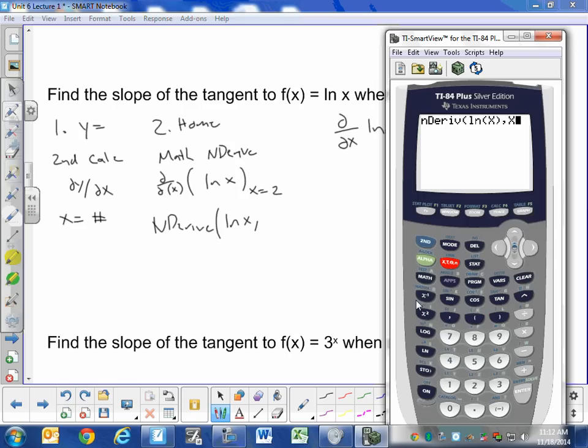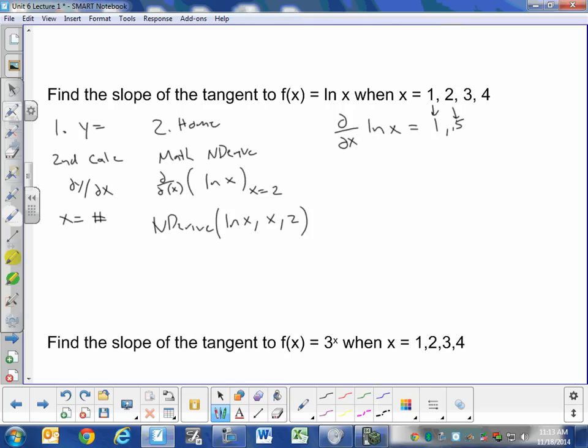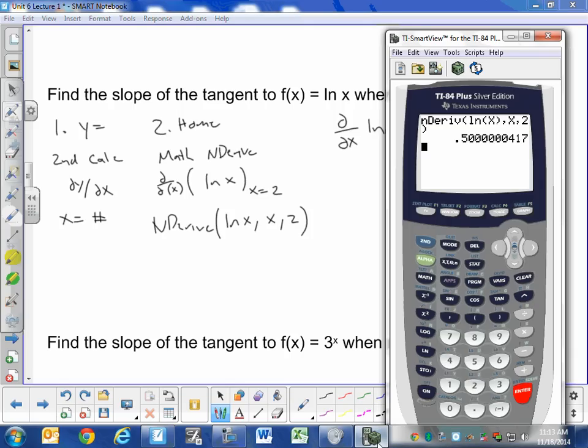So let's take the derivative of log x with respect to x, and then you have to press comma one more time and tell it the value that you want to take the derivative at, or the approximation. So if I want to check at 2 again, I do nDeriv log x with respect to x at x equals 2 to get that value. Okay, did everybody with the old calculator figure that out? If you don't type it in exactly like this, you'll get an error, you'll get frustrated.